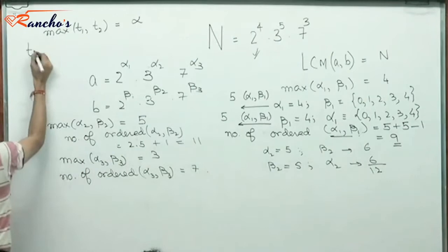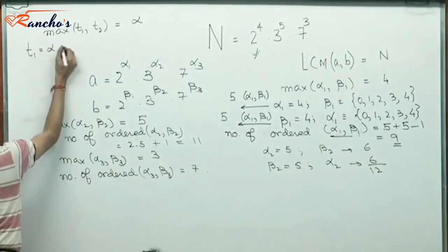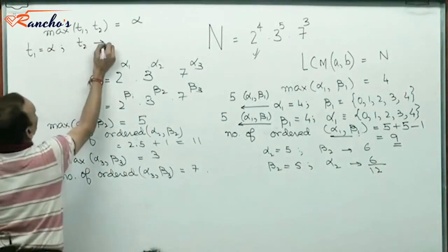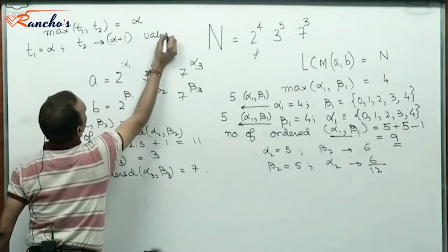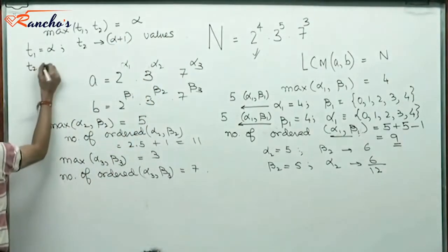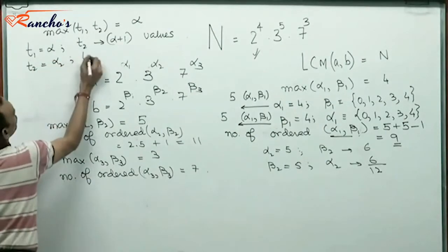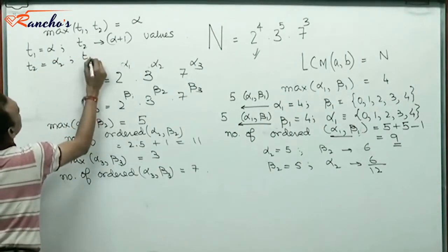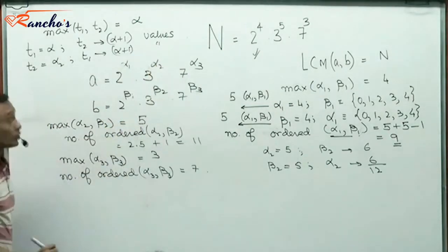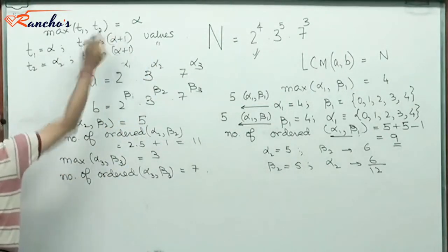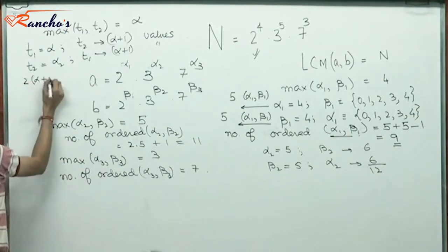So when T1 is alpha, T2 can assume how many values? Alpha plus 1 values, right? When T2 is alpha, how many values can T1 assume? Alpha plus 1 values, right? Now, that means the total number of values is 2 into alpha plus 1 values.